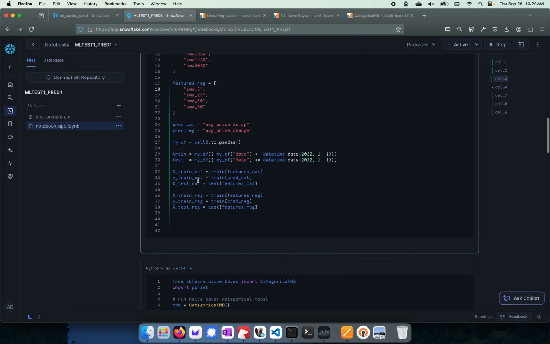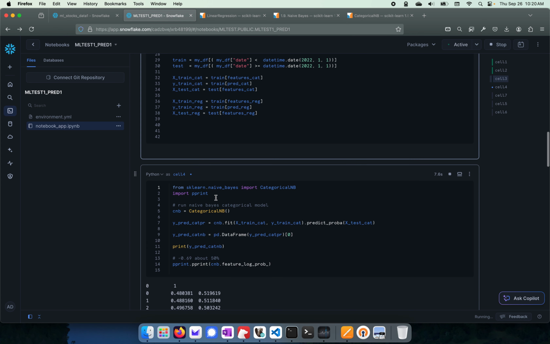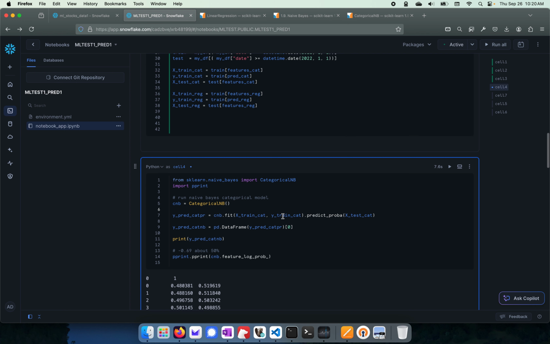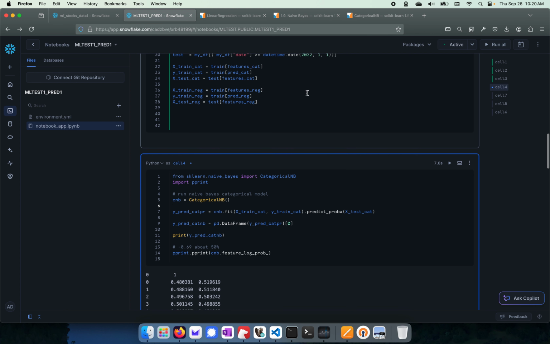Okay, while that's running, I will go over here, and here we will import the naive Bayes categorical classifier, and we will fit the data. Instead of having the prediction be a category true or false, we will get the probability, which is a little bit better to play around with because you can have some probabilities be more confident than others. Okay, it's good that that cell is loaded, and I can see here cell 3 is loaded.